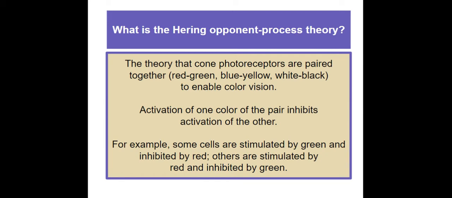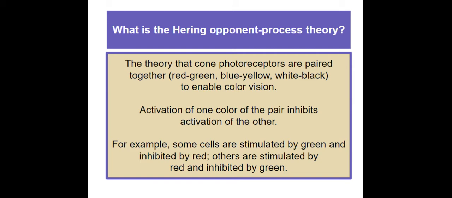Depending on the wavelength coming in and hitting that photoreceptor, one of the two colors will win, but not both. So if light comes in and hits that blue-yellow receptor, if it is more of a blue hue, blue will win, and it will send a blue message. If it's yellow, it'll send a yellow message, if that makes sense.